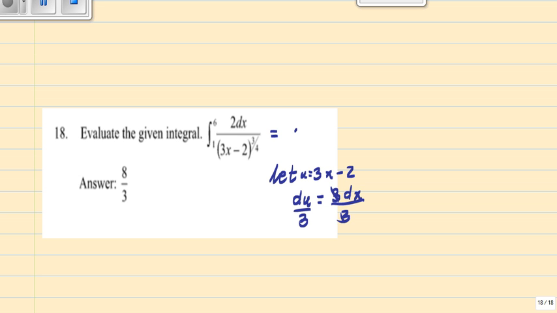So this 2 we can take outside. dx is equal to du over 3. And in the denominator we have 3x minus 2, which is u to the power of 3/4, which is the same thing as 2/3 integral u to the negative 3/4 du. And again, we can integrate now.